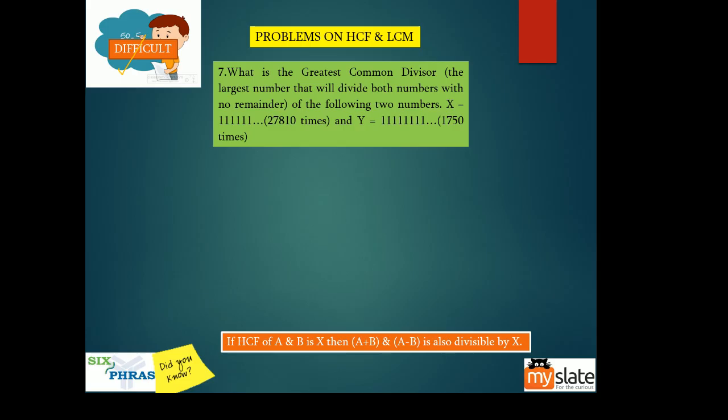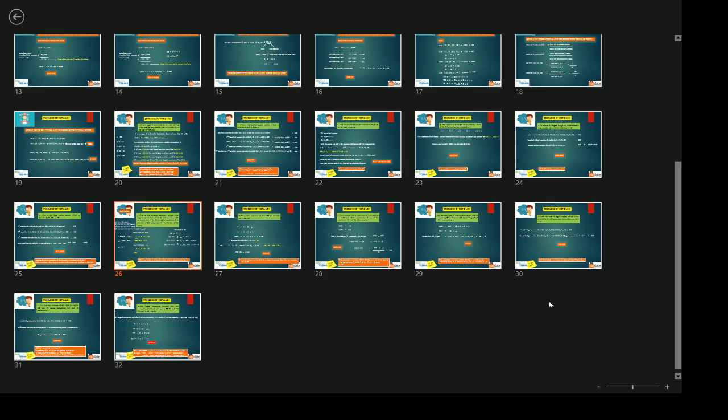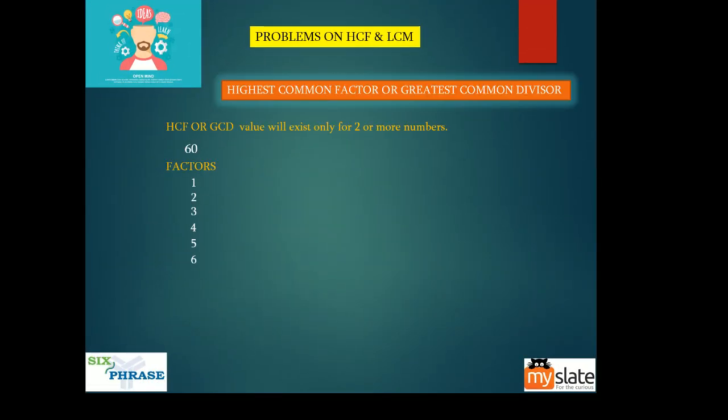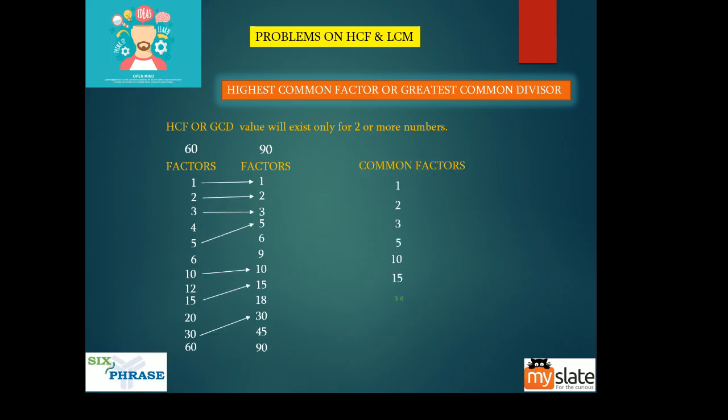You remember the slide here? We'll just go back to this HCF slide. Do you remember this? Yes, 60 and 90 have many factors, but we had a few common factors. Among these common factors, the largest was 30.